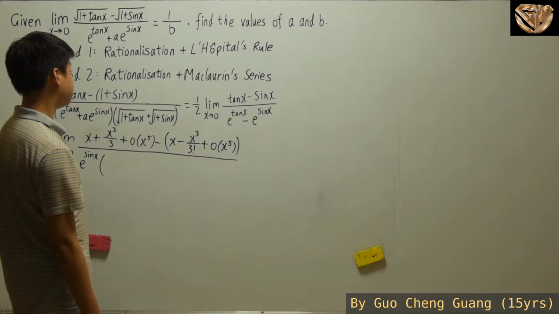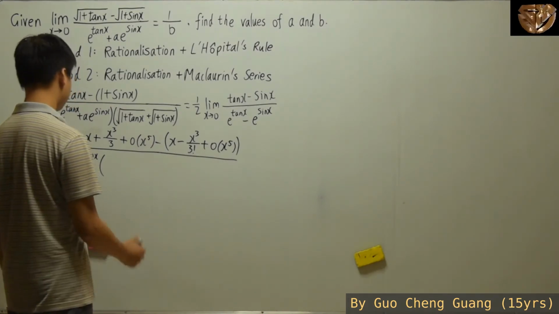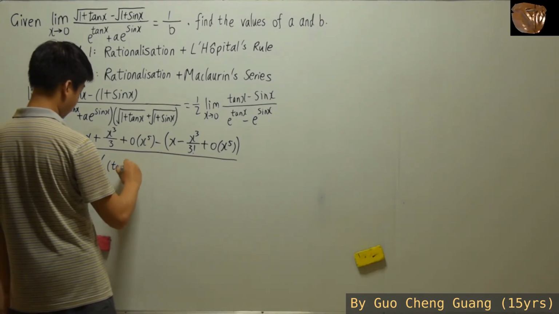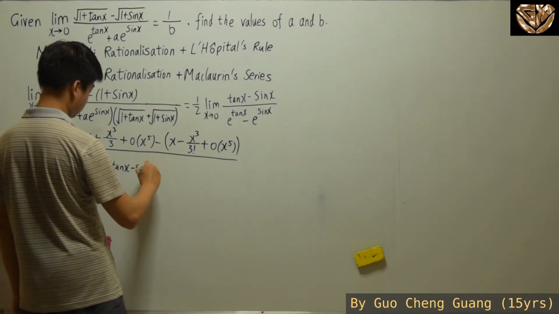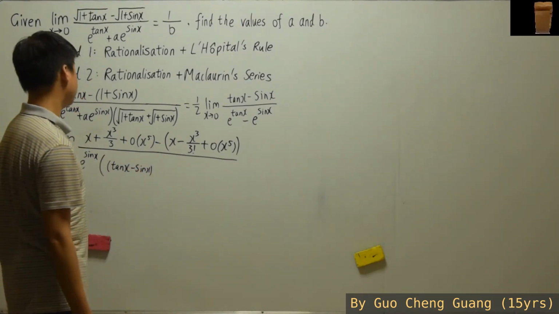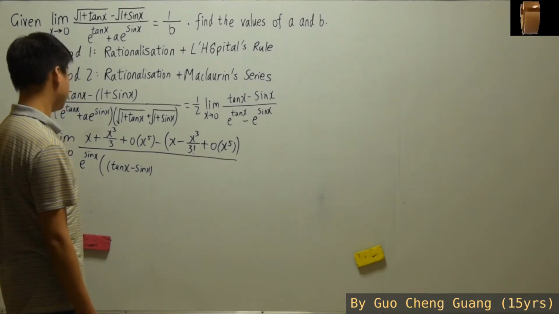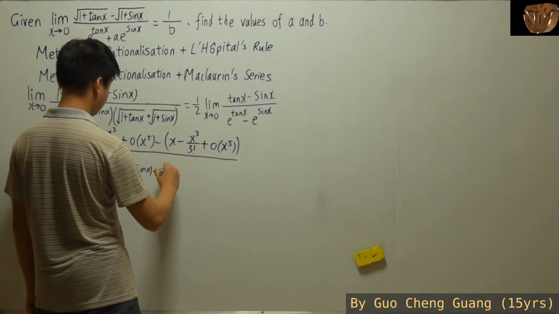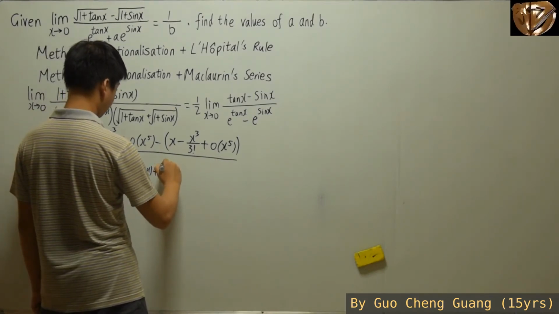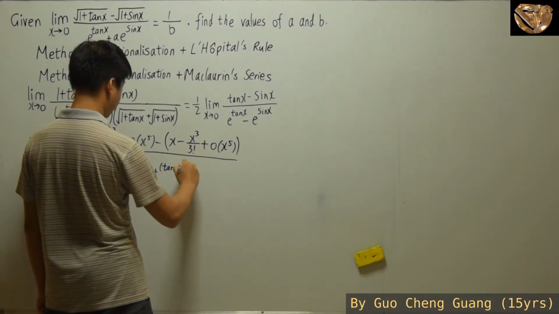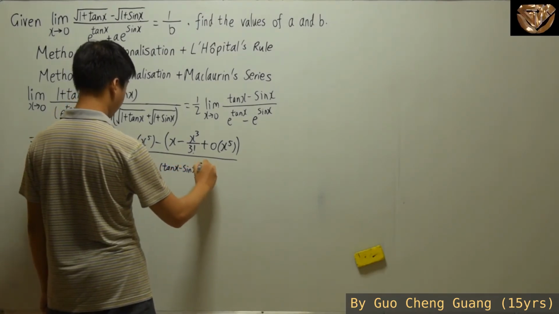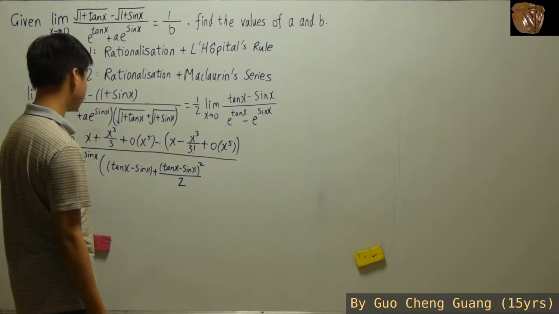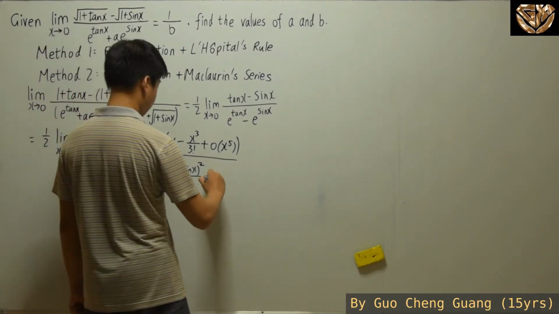So first off, it will be tangent x minus sine x, and then you add tangent x minus sine x, squared, divided by 2, and so on.